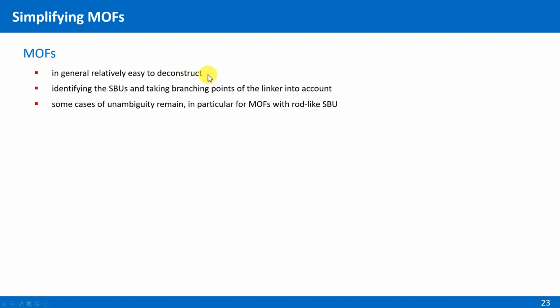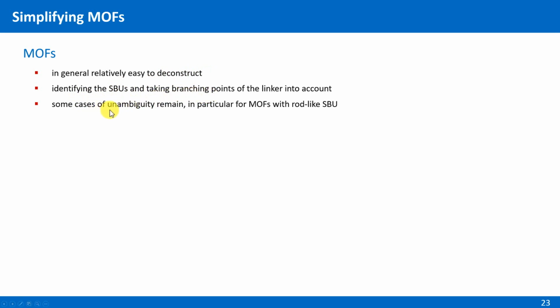In general, they are relatively easy to deconstruct, although not as easy as zeolites. All you have to do is to identify the metal or metal oxide cluster, this SPU, or to be precise, the border between this cluster and the linker. And what we also should do is to take any additional branching points of the linkers into account.